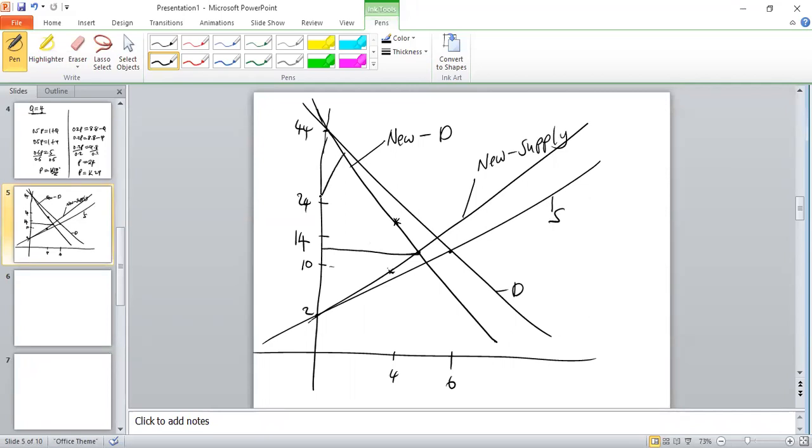So shading this is the consumer surplus. So you shade the consumer surplus. They said shade the new, and this side is the producer surplus on the same diagram. Initially, the initial diagram was at 24. It was passing here at 24.